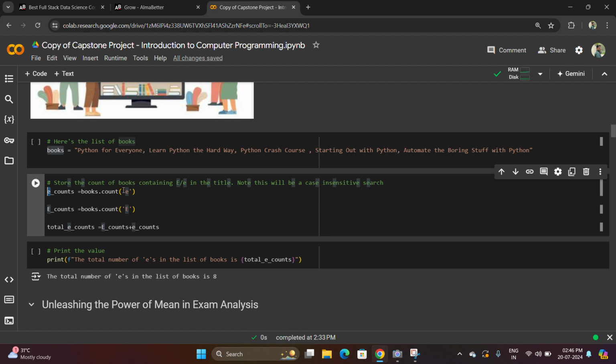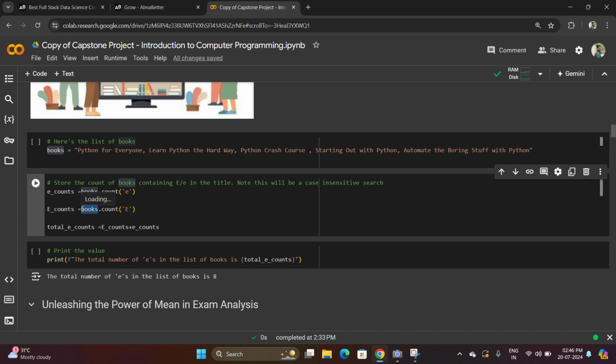So books dot count of small e. This will return how many small case e are in the variable books. And the next one will be e counts equal to capital E. Similarly, books dot count of capital E. This will count the capital E in the variable books.